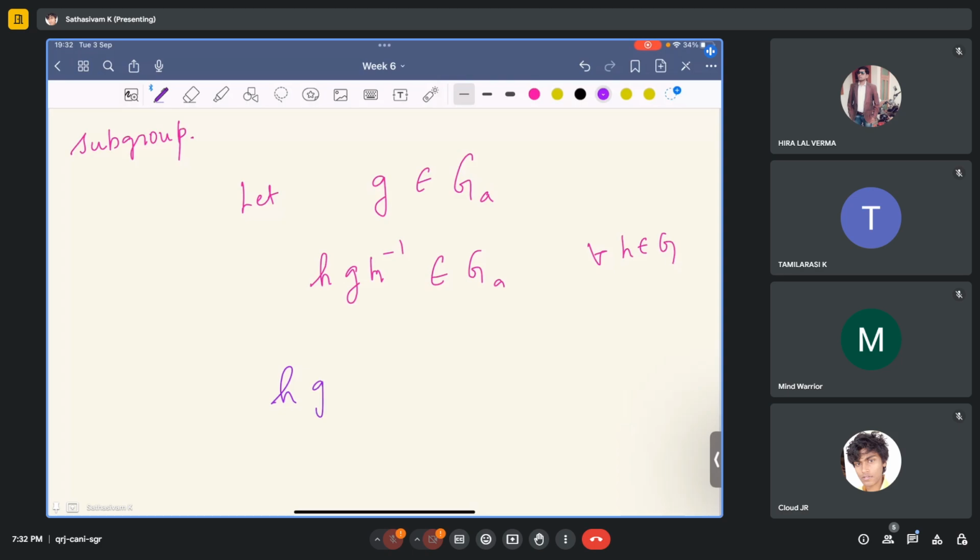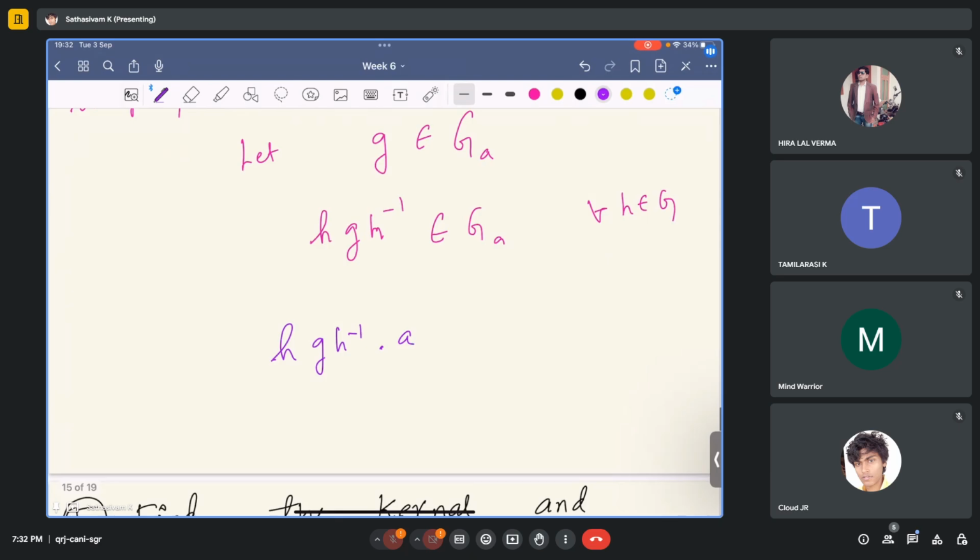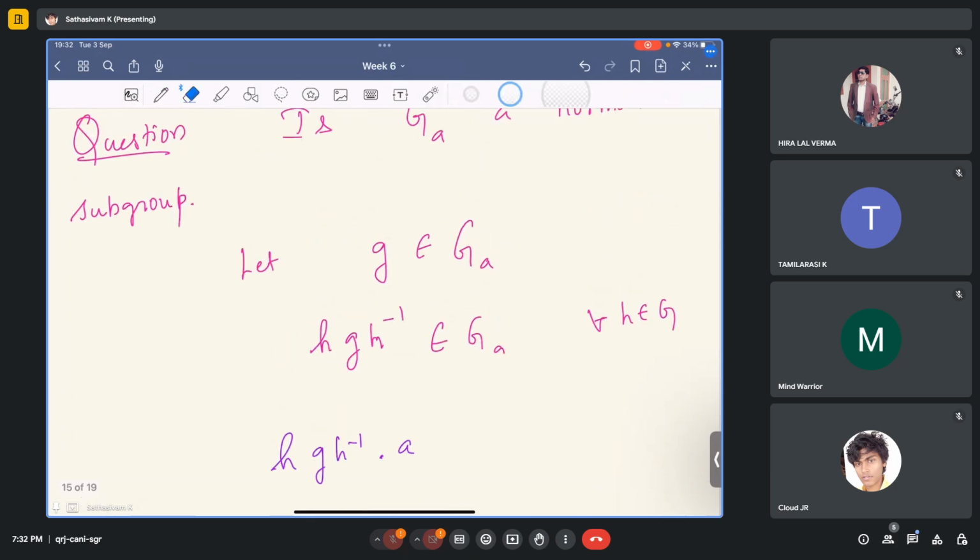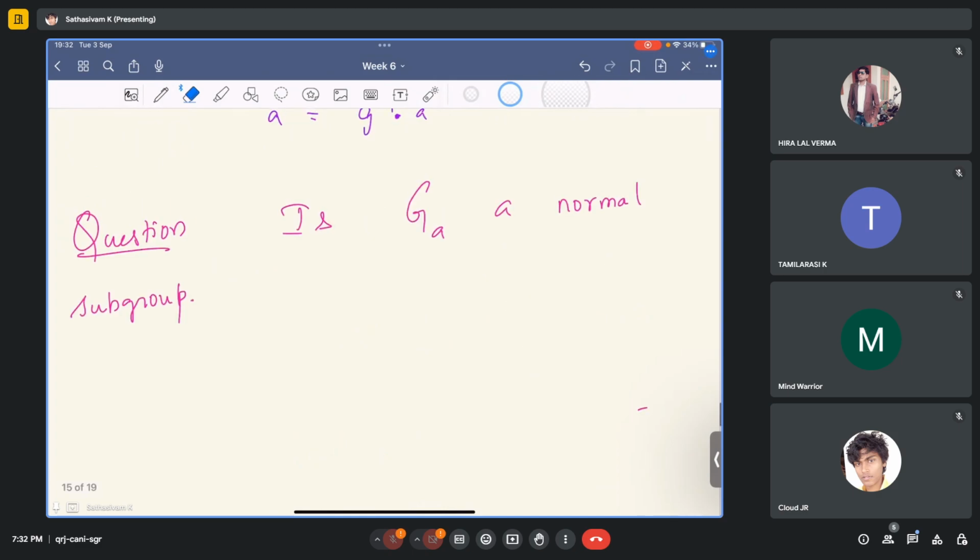So if you take h inverse times a, it will not be. In general, this will not be a normal subgroup, but you can try to think of a counterexample. I currently don't have a counterexample, but I can check.